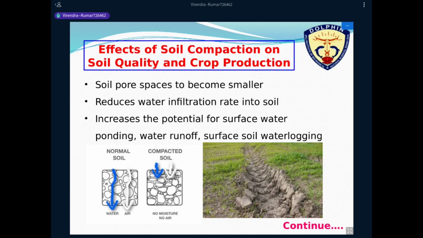So first is the soil pore space becomes very small.